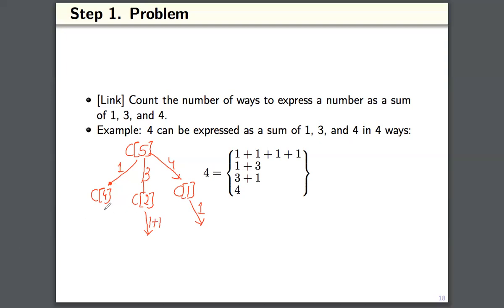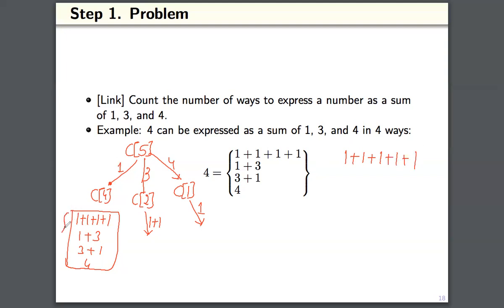C of 4 has all of these: 1 plus 1 plus 1 plus 1, 1 plus 3, 3 plus 1, and 4. Let's assume this is already computed for simplicity. Now for C of 5, we have 1 plus 1 plus 1 plus 1 plus 1.